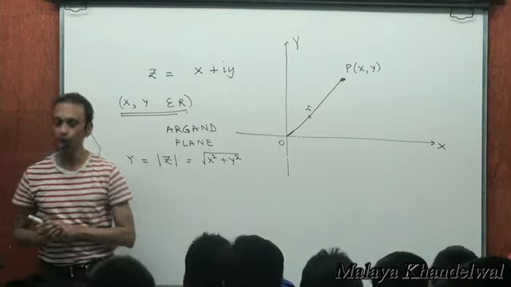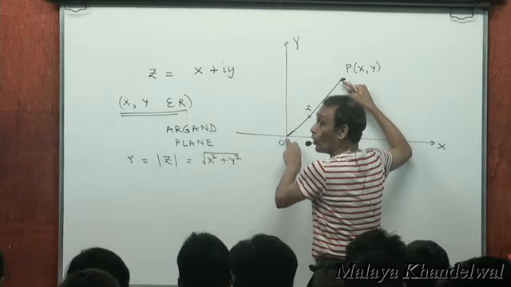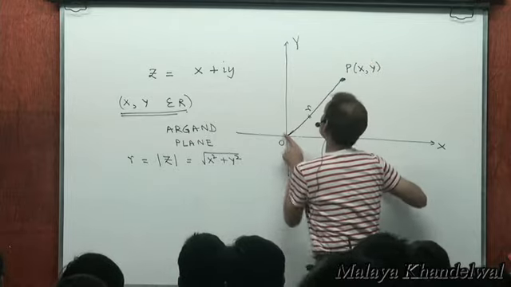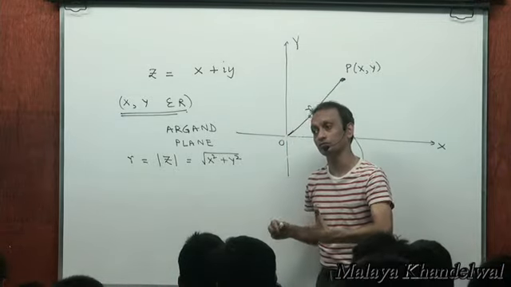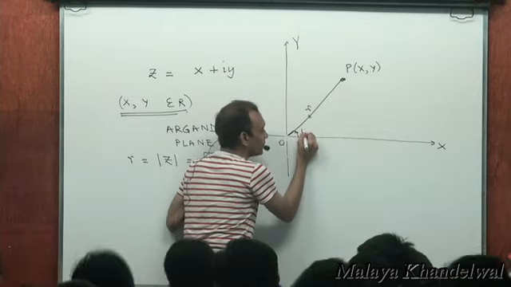Yes or no? But r is not enough, because given r, what you get is a set of complex numbers lying on a circle centered at the origin and of radius r, right? So this is not unique. Therefore you would need, let's say, an angle theta.